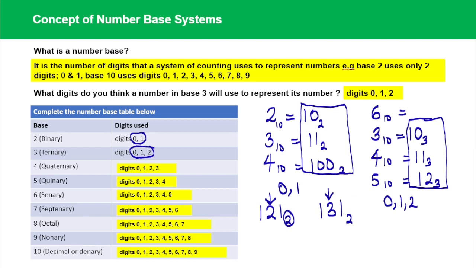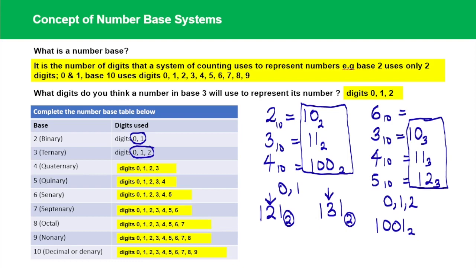Because 3 cannot be part of the digits that make a base 2 number. A very good example of a base 2 number will be 1001 base 2. If we look at the formation of this number, the digits that make it up are zero and 1, and they are each less than the base. This fact is true for every other number-based system.